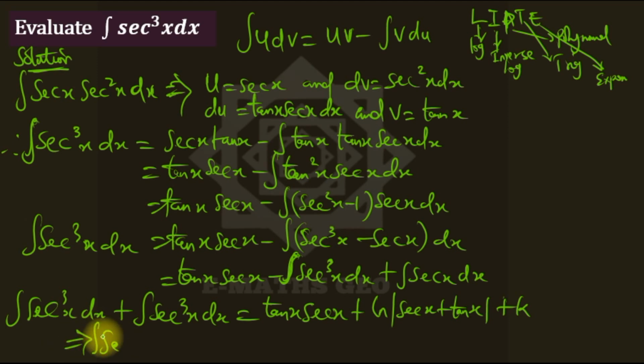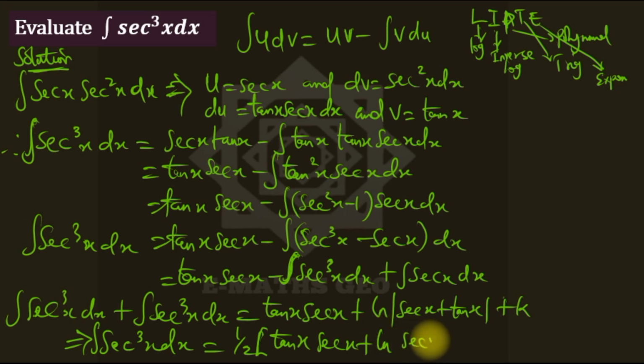If I make the integral of sec cube x dx the subject of the formula, dividing both sides by 2, we now have half of tan x sec x plus ln of sec x plus tan x, plus k. So that's the answer, half of this. So it's a logical equation. Thank you.